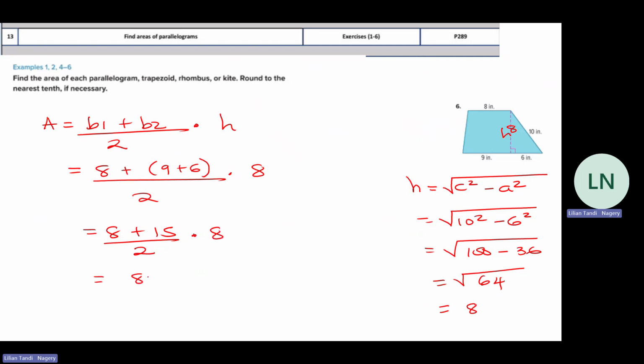And this will give me 8 plus 15, multiply by 4. Okay, 8 plus 15 should be 23. And then multiply by 4 should give me 92. So this is 23 multiplied by 4.